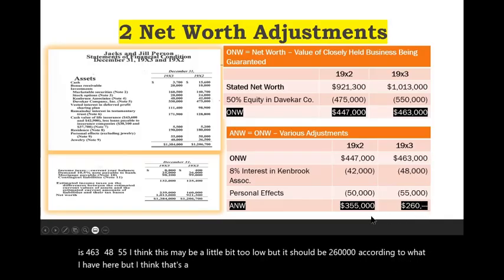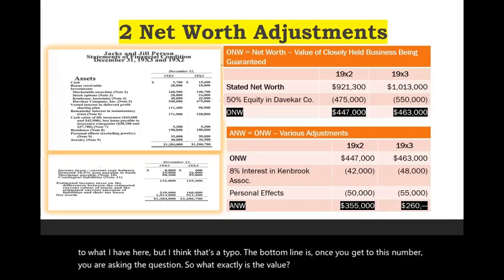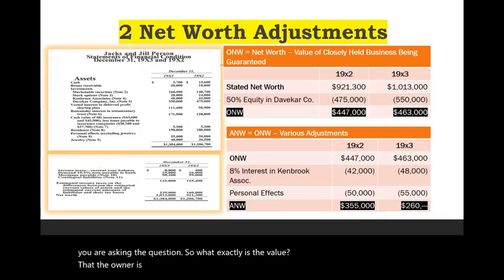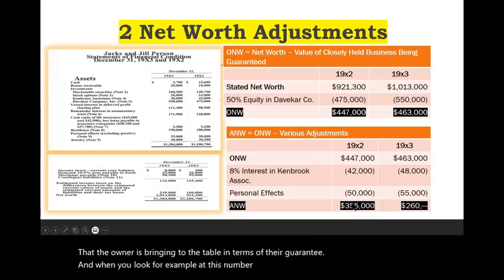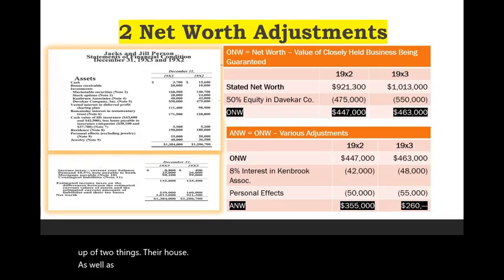The bottom line is, once you get to this number, you are asking the question, so what exactly is the value that the owner is bringing to the table in terms of their guarantee? When you look at this number, it tells me that the bulk of this is made up of two things: their house, as well as their marketable securities and their cash.